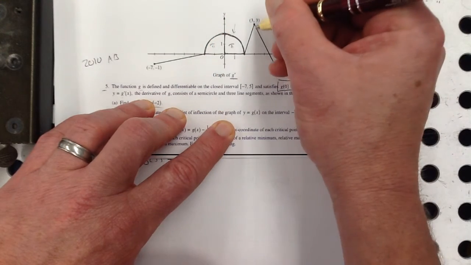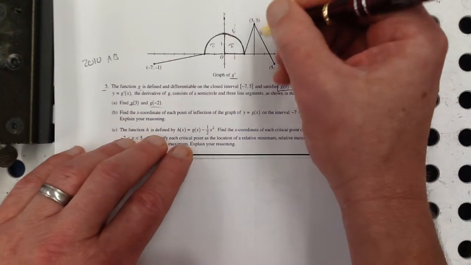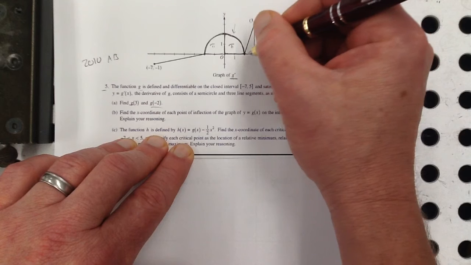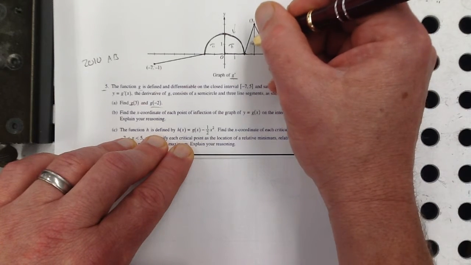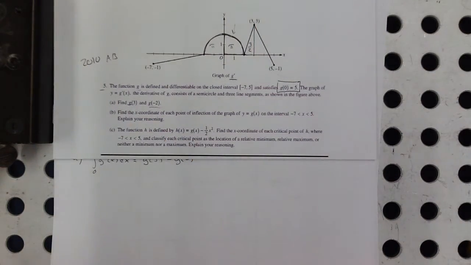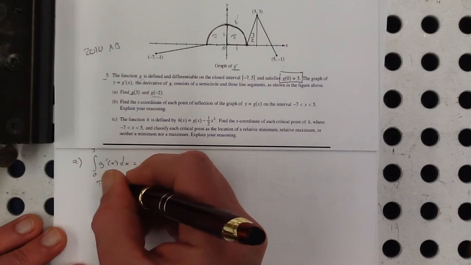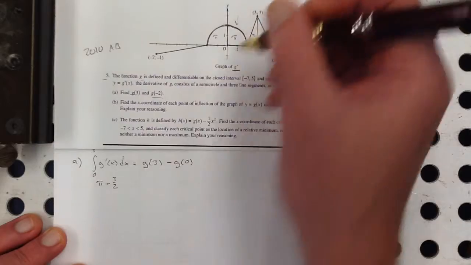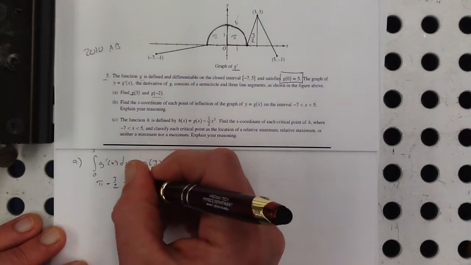And this, if we're going from 0 to 3, this triangle right here has a base of 1 and a height of 3. So 1/2 base times height would be 3/2 for that. So this is pi plus 3/2. It's all positive area, and I'm going from 0 to 3, like in the right direction. So it's all good.